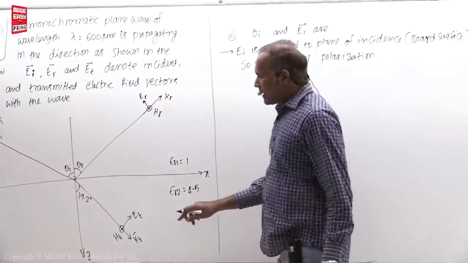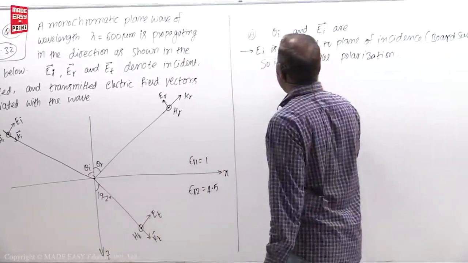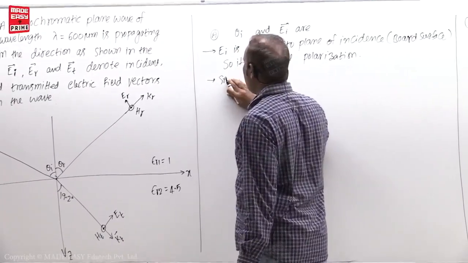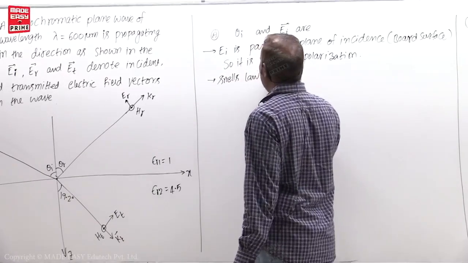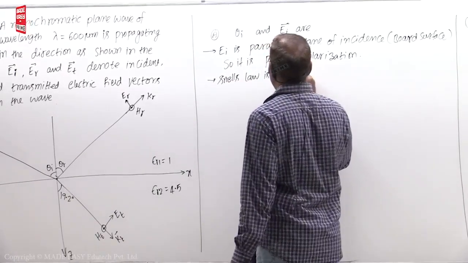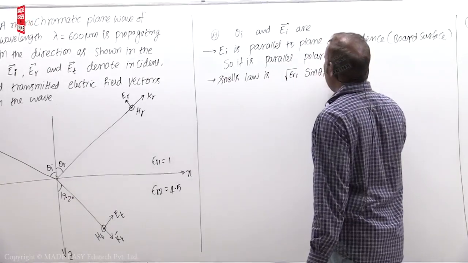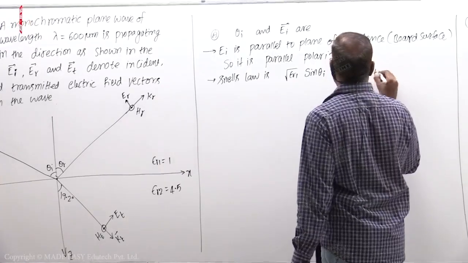Now theta t is given, students, 19.2 degrees actually. From that you can find theta I. So Snell's law is root epsilon r1 sin theta I is equal to root epsilon r2 sin theta t.